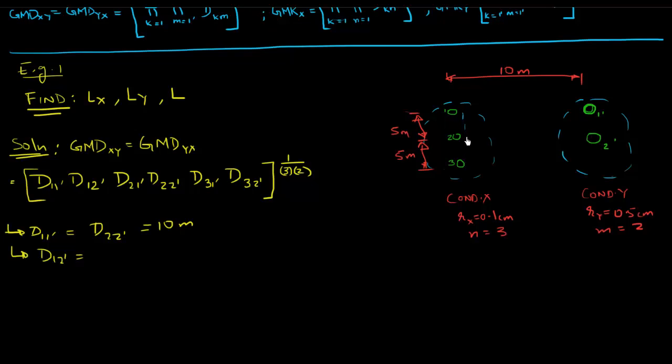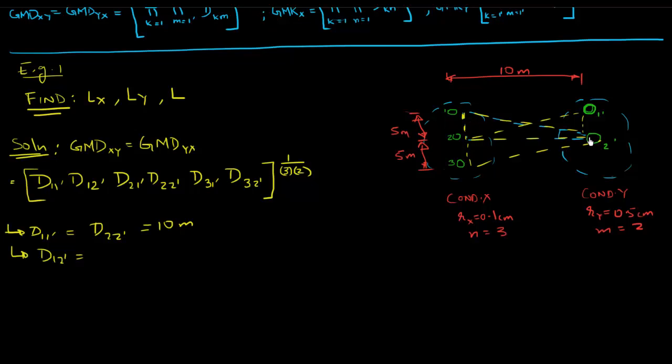If you imagine this is nothing but a right angle triangle here. Maybe I should have chosen a different color, maybe yellow. So this is a right angle triangle here. And this side is going to be equal to this side, and the same thing happens here.